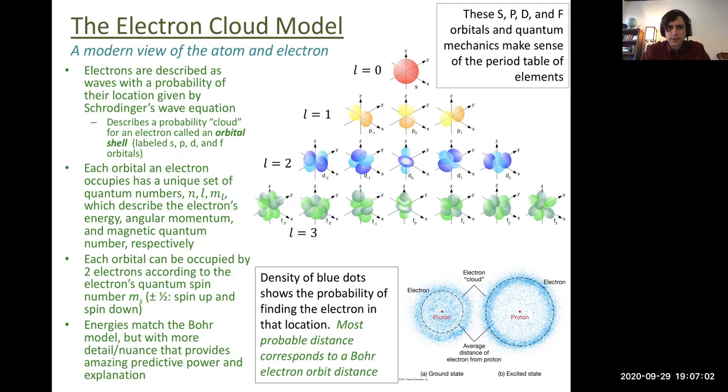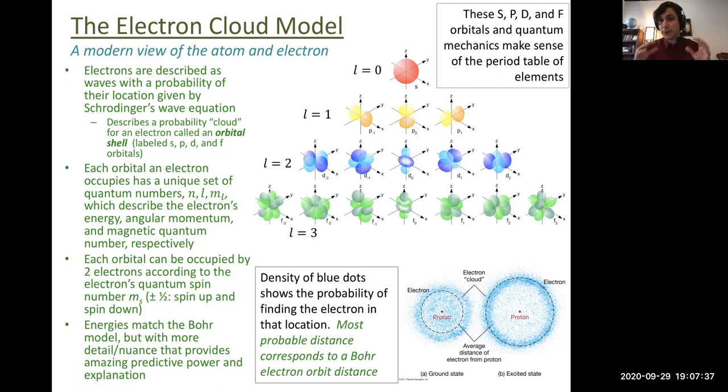So, what makes an orbital an orbital? Each orbital shell, for an electron to be there, has a set of unique, what we call quantum numbers. And those quantum numbers are what we call n, l, and m sub l. N describes the electron's energy, L describes its angular momentum, and m sub L describes its magnetic quantum number.